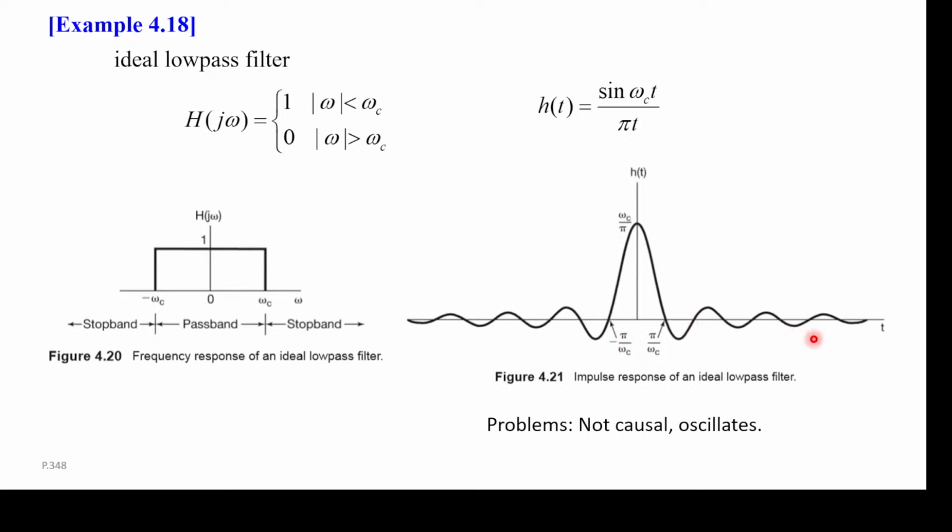But here we will not go into too much detail about how to construct a system, so we just give a rough idea. It is hard, so we want an approximation. So maybe we'll cut off the non-causal part, and we'll also cut off the oscillating part, etc. And you will get a not so ideal filter, but easier to construct. Okay.